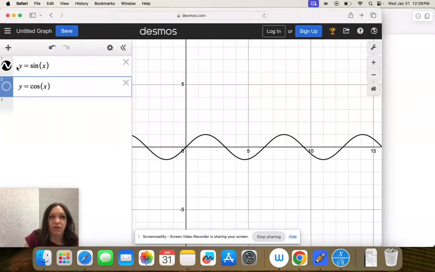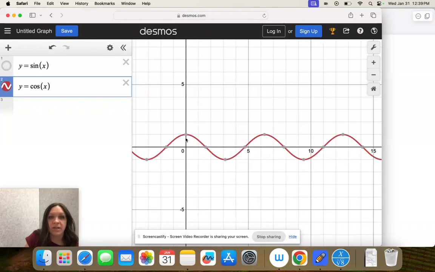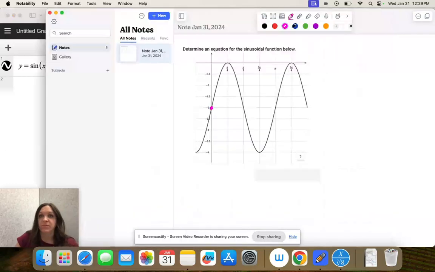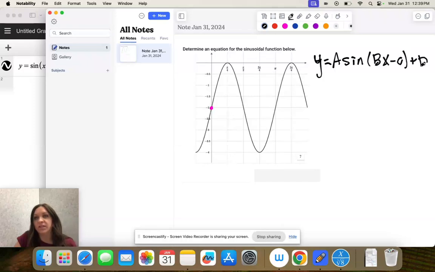It's halfway through the curve. But on cosine, it's at the maximum. So for this one, I want to use sine. So my general form of sine is y equals a sine of bx minus c plus d.